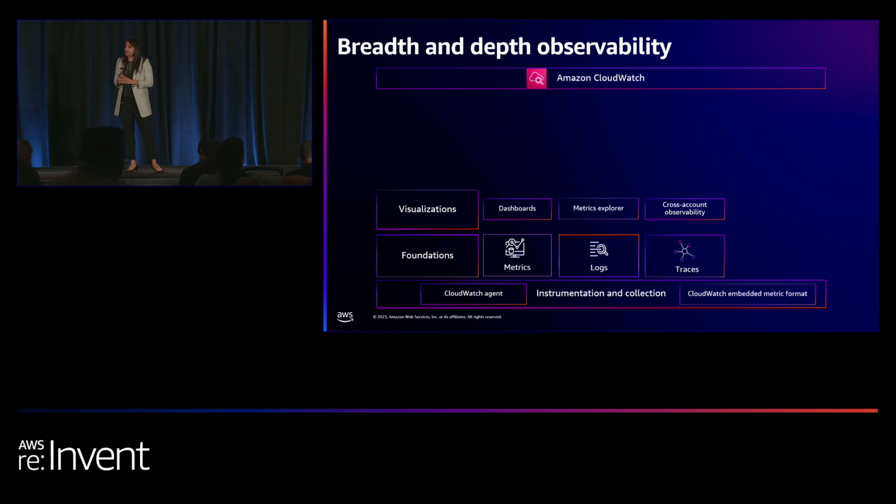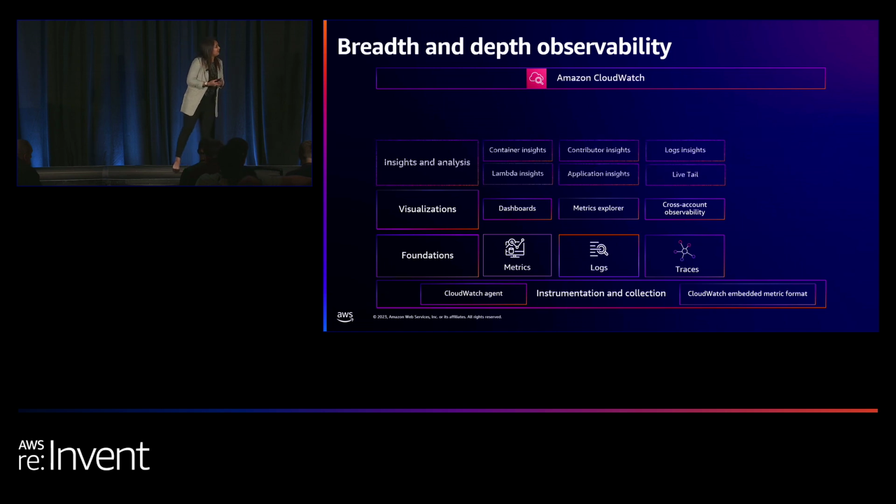We also have capabilities like cross-account observability, where you can actually monitor from a single monitoring account and stitch this end-to-end picture together. On top of it, you layer on insights and analysis, and there are several capabilities that go much deeper into containerized applications, serverless applications.